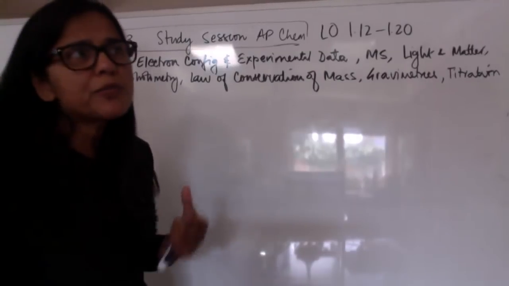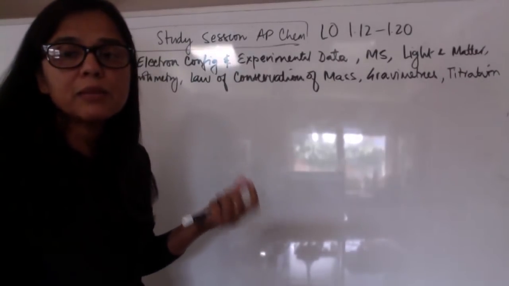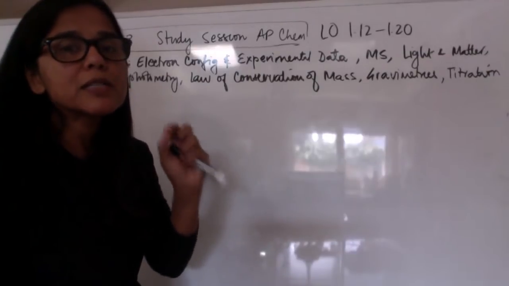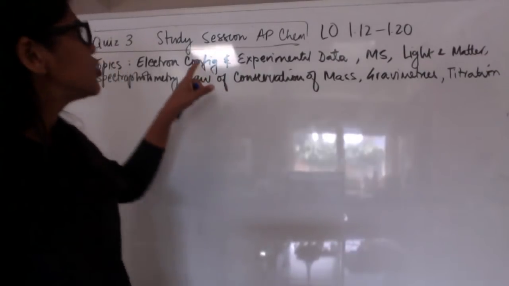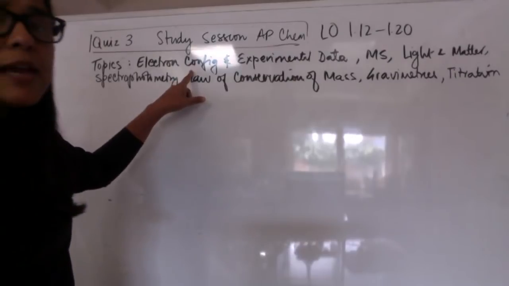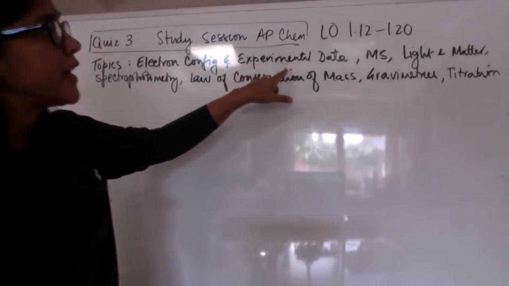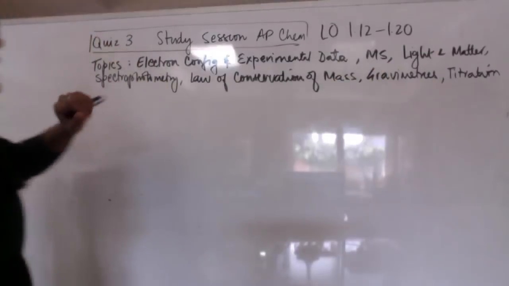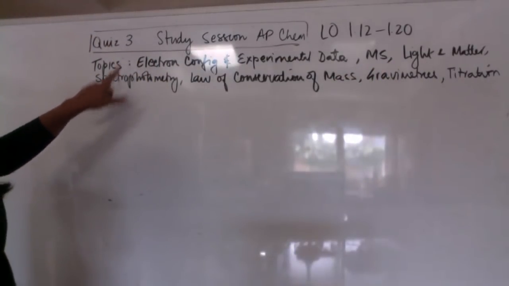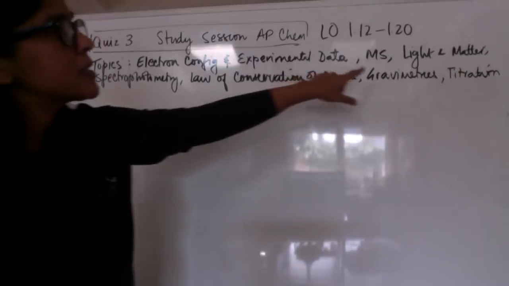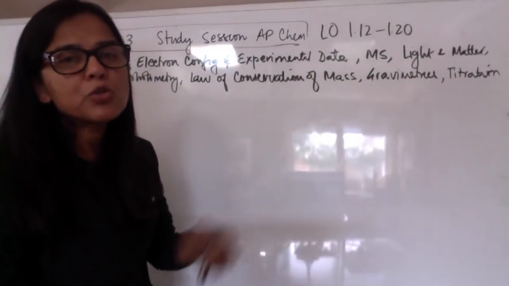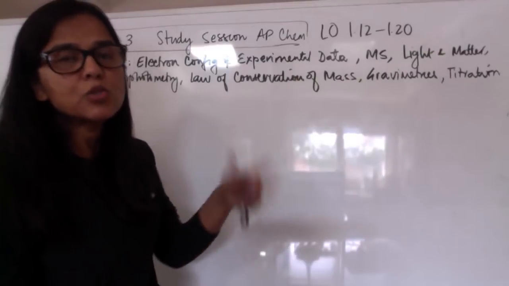We did a little bit of electron configurations in the previous unit as well, but here the focus is, if you are given a set of experimental data, can you justify an electron configuration based upon that? Then mass spectroscopy, a little bit of light and matter, spectrophotometry, law of conservation of mass, gravimetrics, and titrations. I will spend about 2 to 3 minutes per topic and do a quick review.